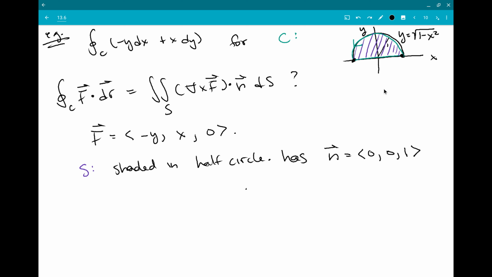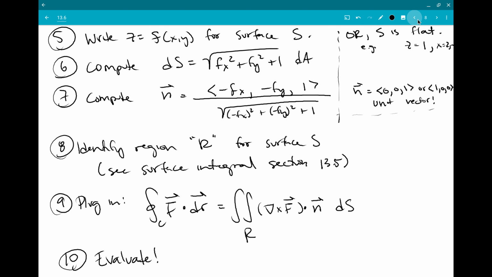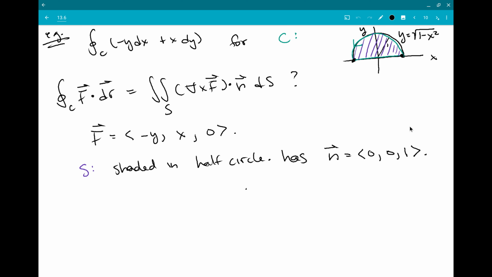And so we know that the normal vector for this flat half circle is n equal to 0, 0, 1. And that's a unit vector. I've done that thing where I said if you pick your own unit vector because it's a flat thing, make sure it's a unit vector. It's not 0, 0, 10, it's 0, 0, 1, magnitude 1.